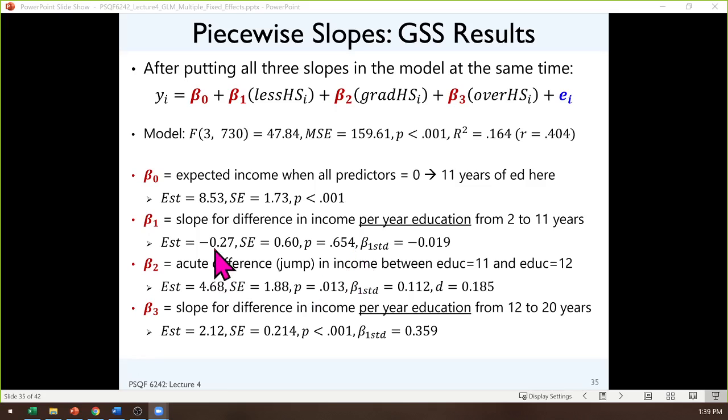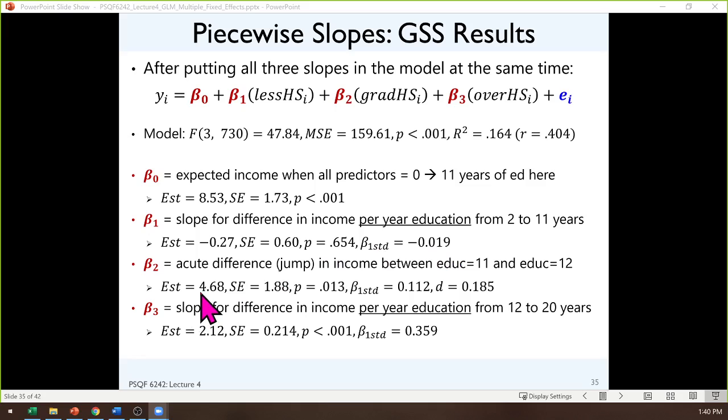So if I move from 2 years of education to 3 years of education, I am predicted to make about $200 less. So for every additional year of education between 2 and 11, I'm predicted to make $200 less. So the slope is non-significant, but it's actually negative, meaning more education doesn't help from 2 to 11. And the standardized slope that goes along with that is very, very small.